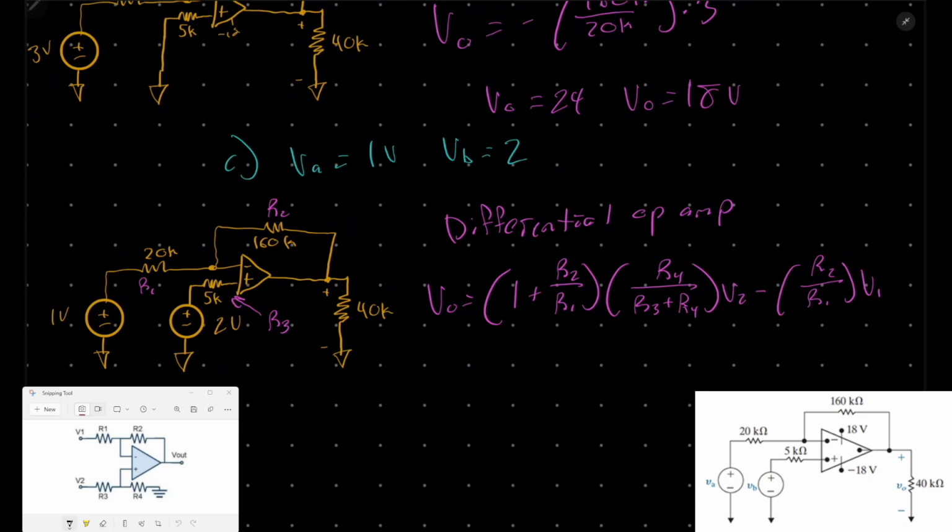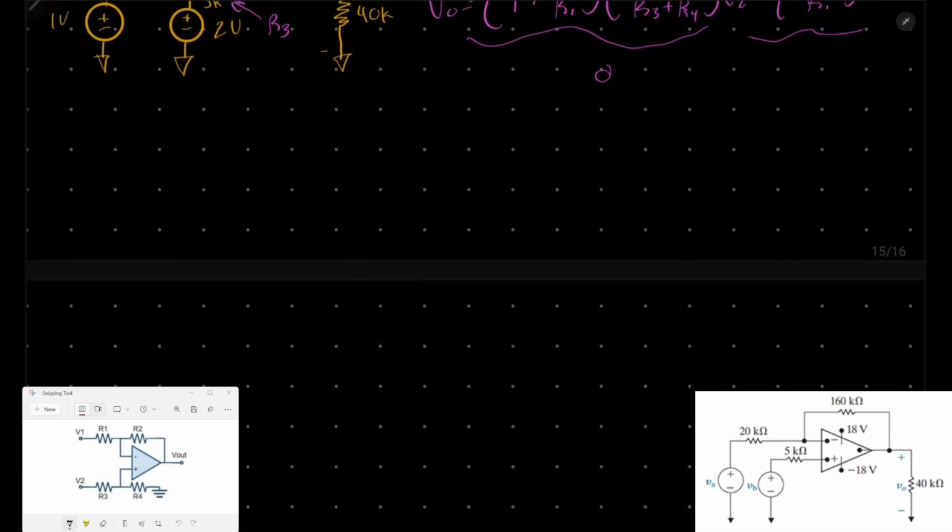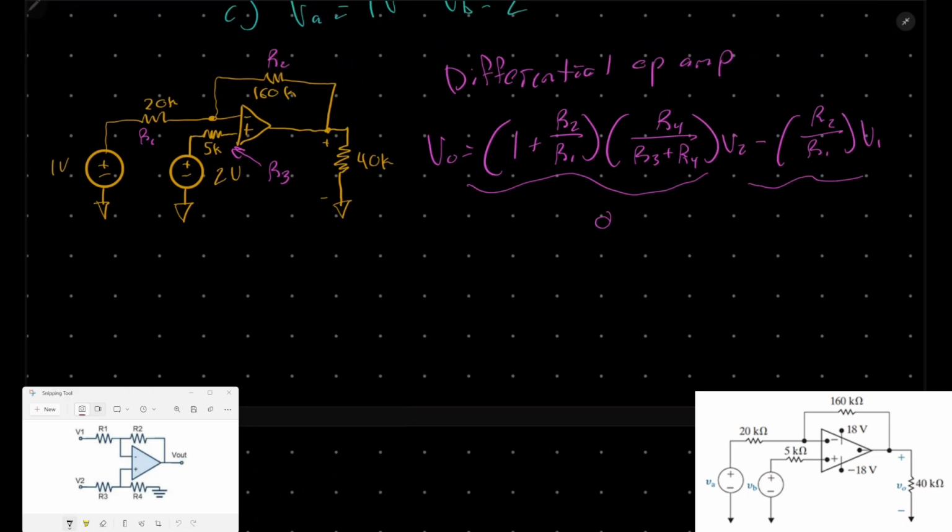As you'll see, we actually do not have an R4, which means that most of this will become 0, and we are just left with this side. So we will plug in our resistors. R2 is 160 divided by 20k times 1.